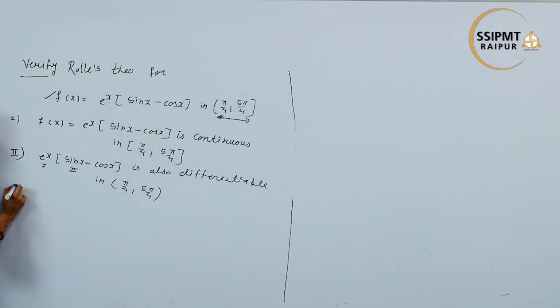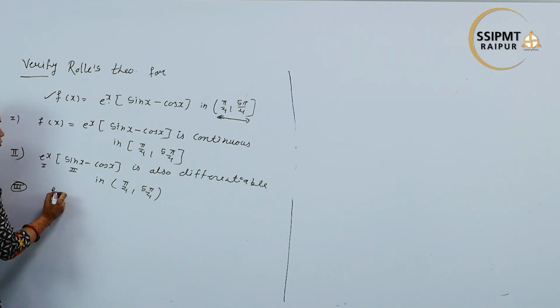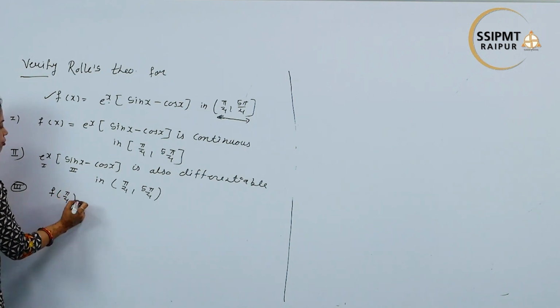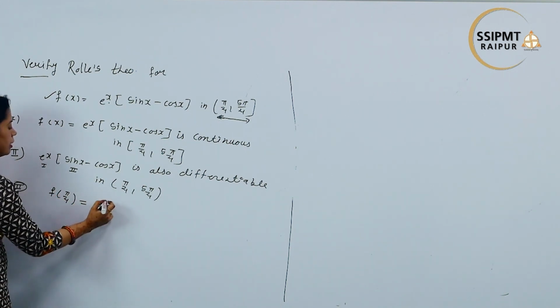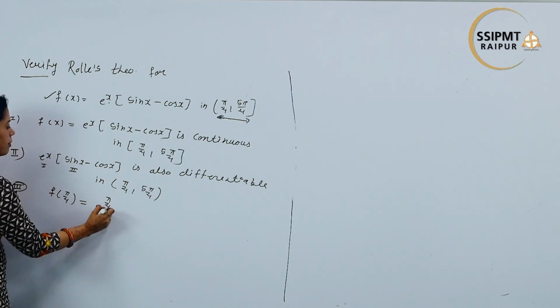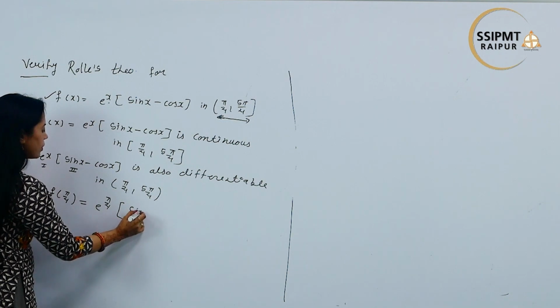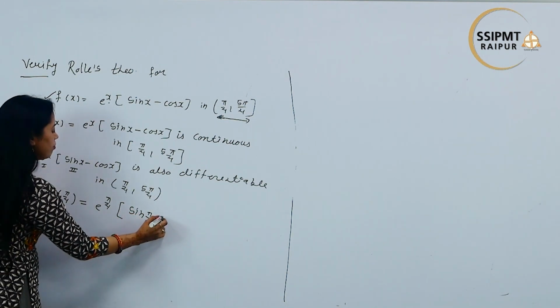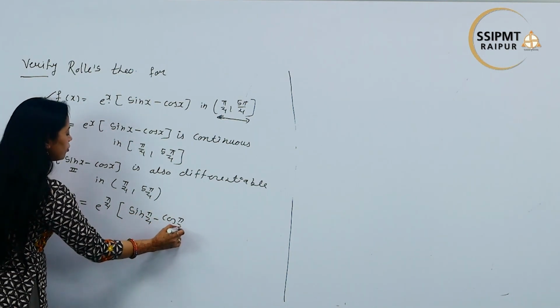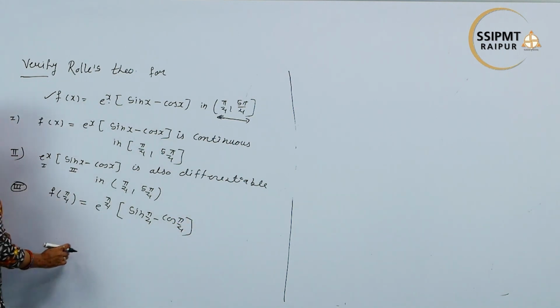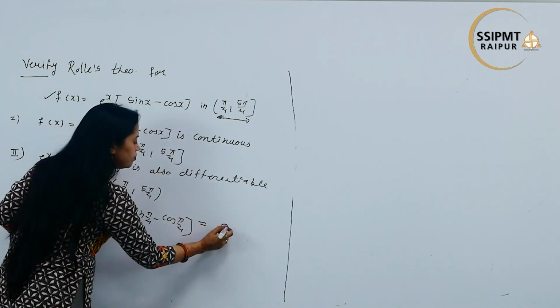Next, we show that f(a) is equal to f(b), where a is pi/4 and b is 5pi/4. So first we find the value of f(pi/4), which is e^(pi/4) (sin pi/4 - cos pi/4), which is equal to 0.